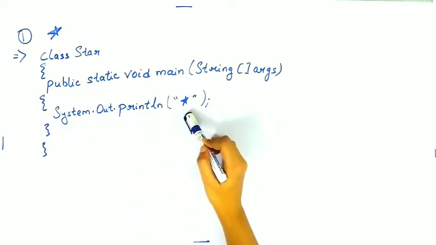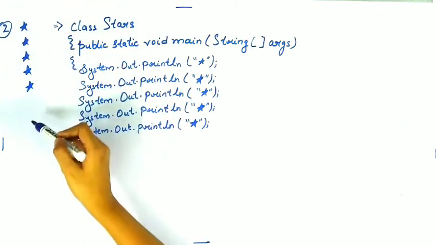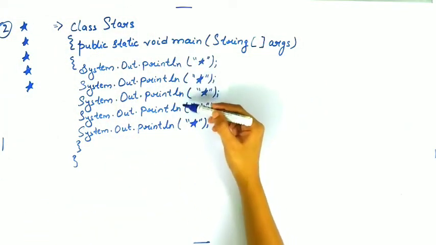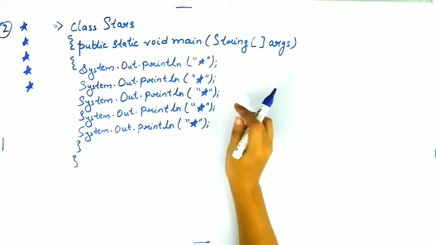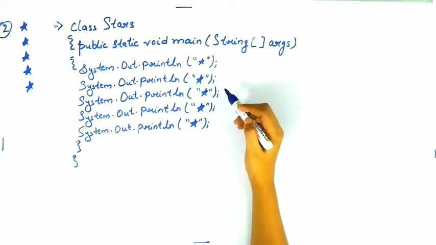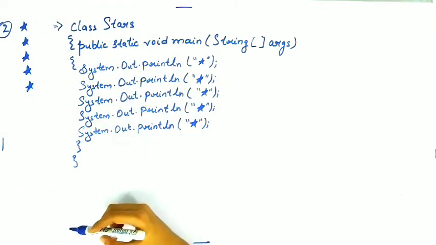contains a star. But what if the interviewer again asked you to print 5 stars one below the other? What will you do? For printing the 5 stars in a row, if you write 5 print statements, then the interviewer for sure will block you for 5 years, because this is a very childish way of printing the 5 stars in a row.